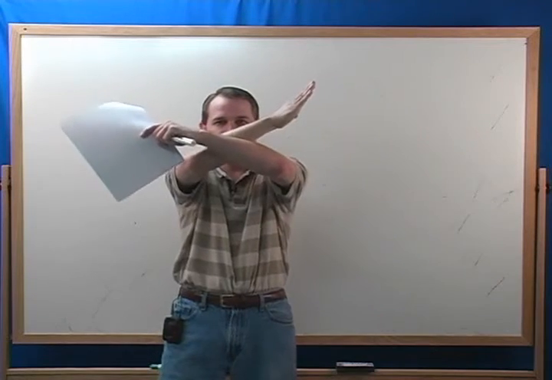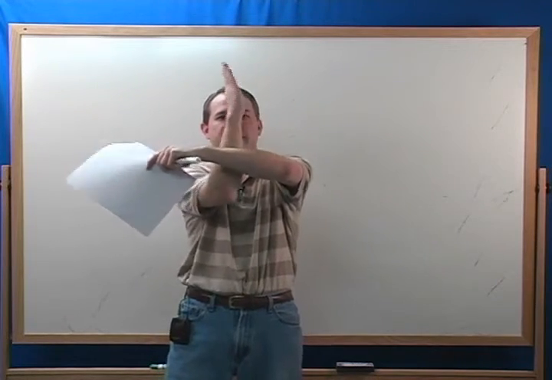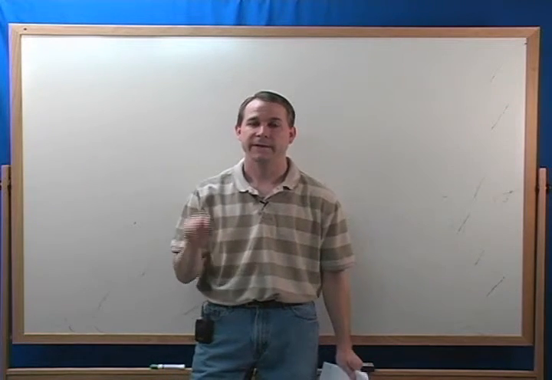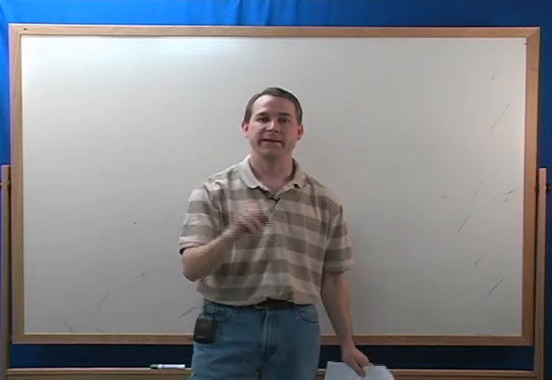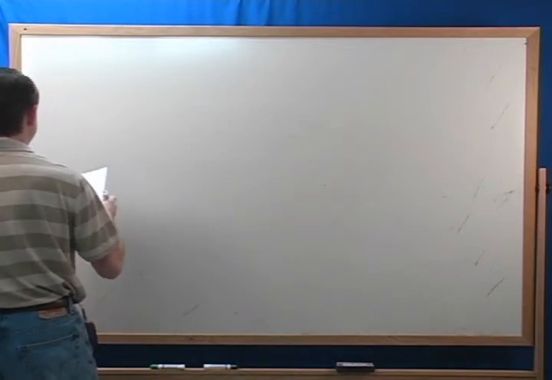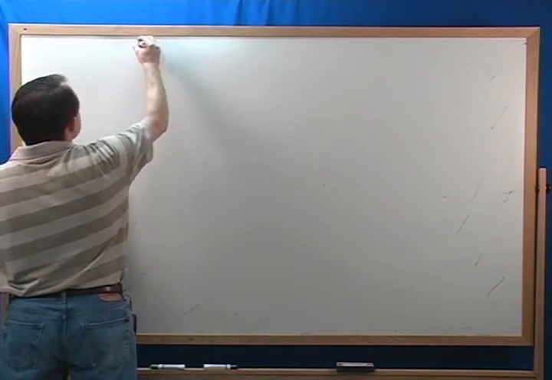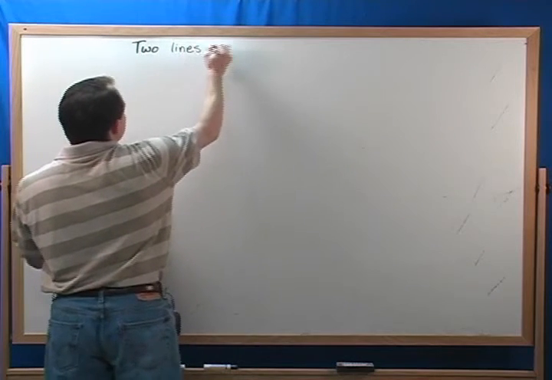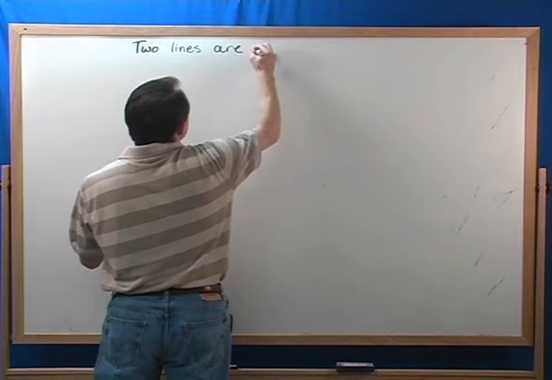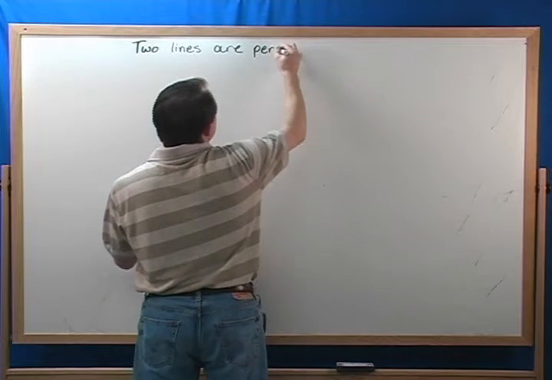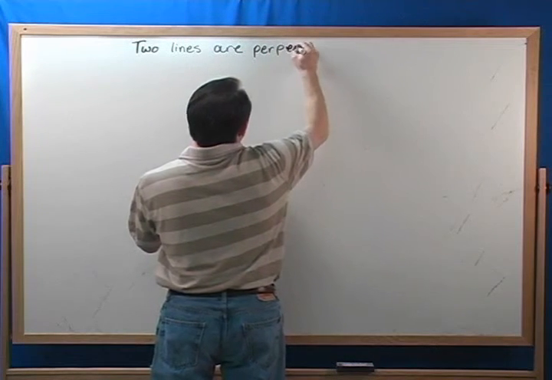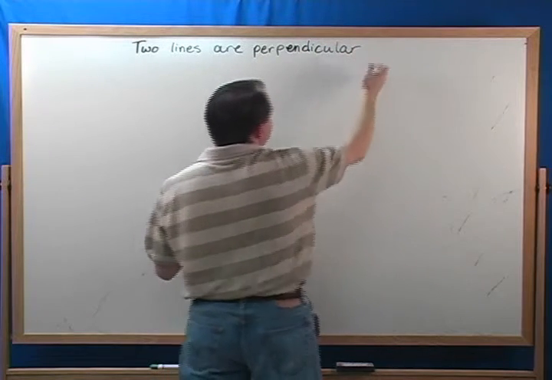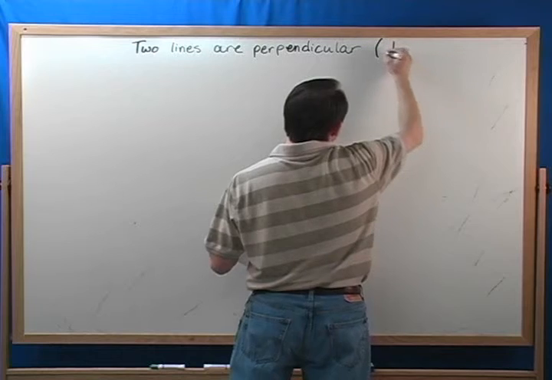I mean, you're not crossing at an angle like this. You're crossing exactly up and down to the other line. That makes a 90-degree angle there, 90-degree angle there, and so that makes it perpendicular. So to write this down in terms so that you can study, two lines are perpendicular, and by the way, you're going to see this time and time again.